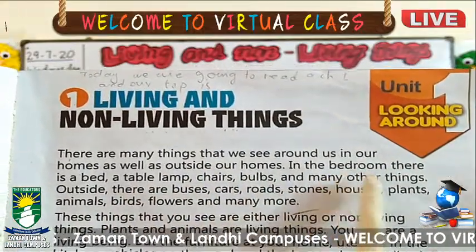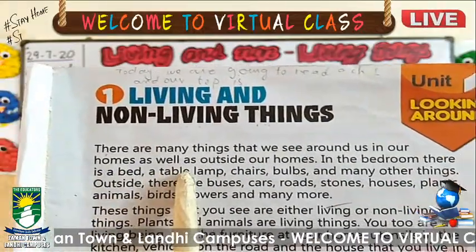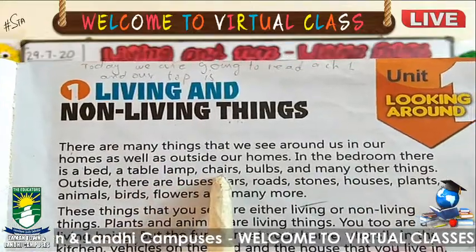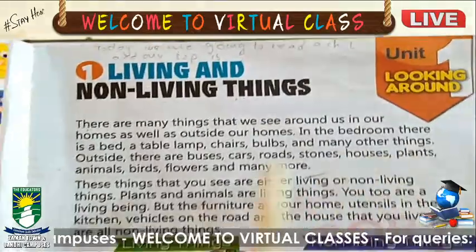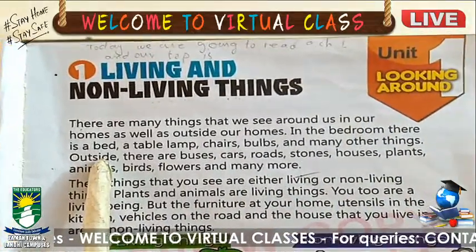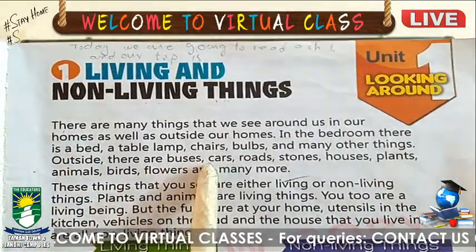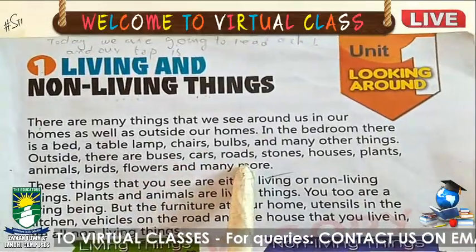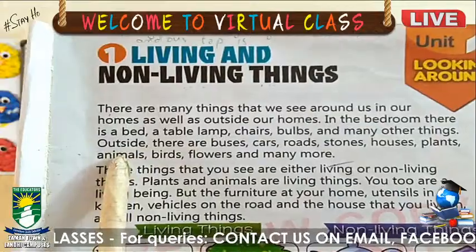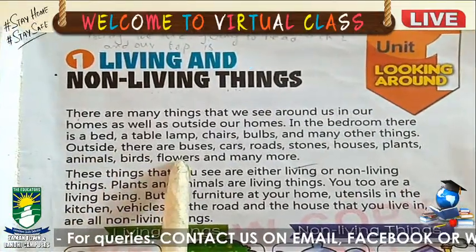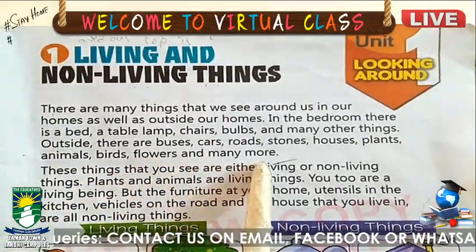In the bedroom, there is a bed, a table lamp, chairs, bulbs, and many other things. Outside, there are buses, cars, roads, stones, houses, plants, animals, birds, flowers, and many more.